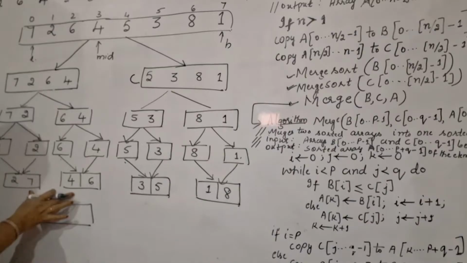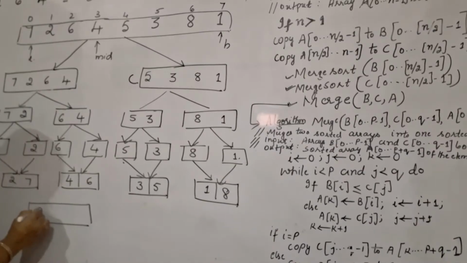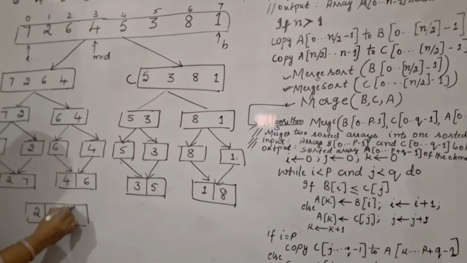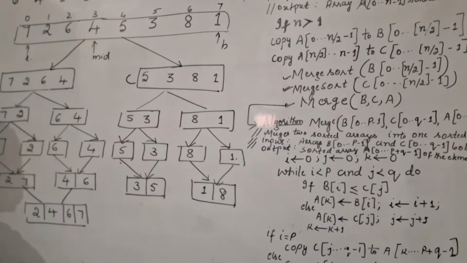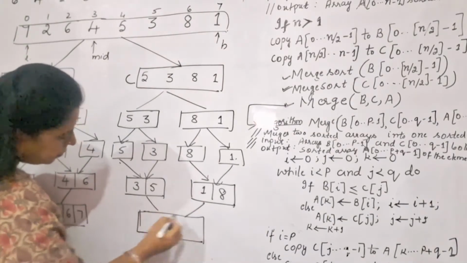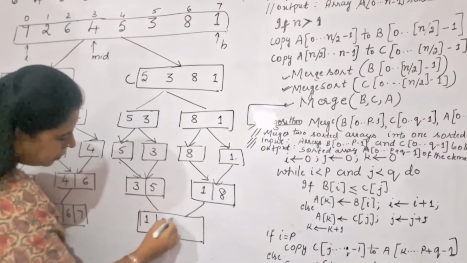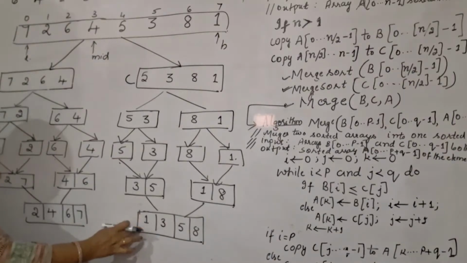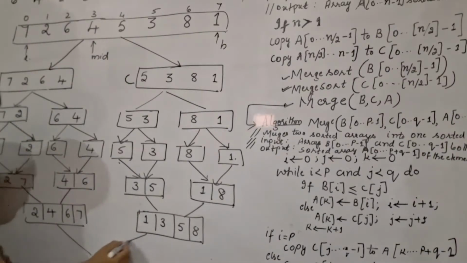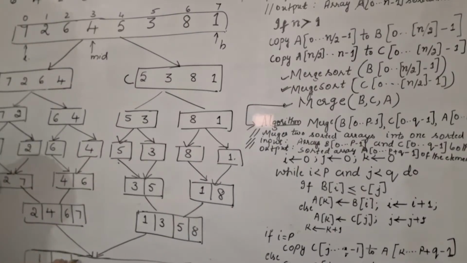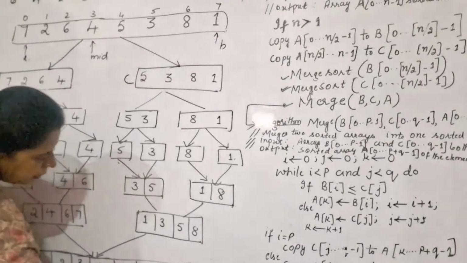Now these two arrays will get combined and be sorted, giving 1, 3, 5 and 8. Finally these two will get combined and be sorted. The elements are now 1, 2, 3, 4, 5, 6, 7 and 8.